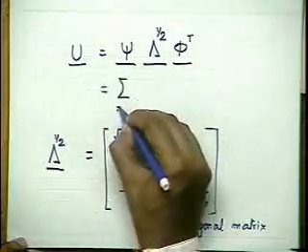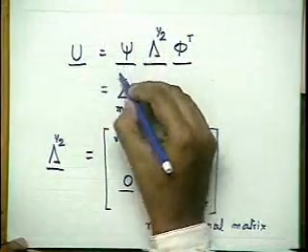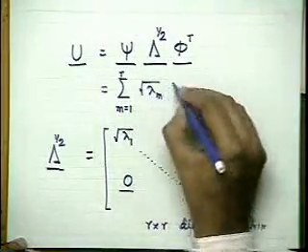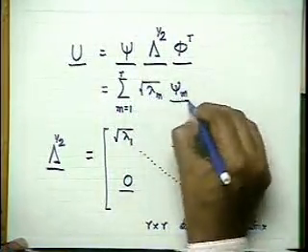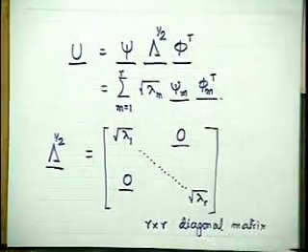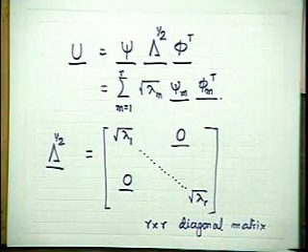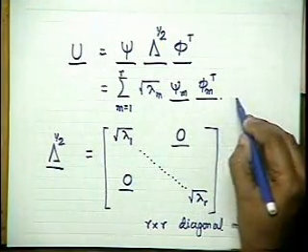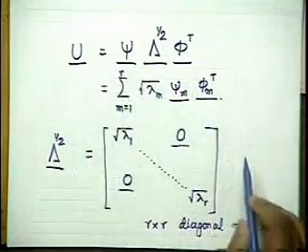This can be written in series form as the sum over m equal to 1 to r of square root of lambda m, psi m, phi m transpose. Now this is a representation of an image.